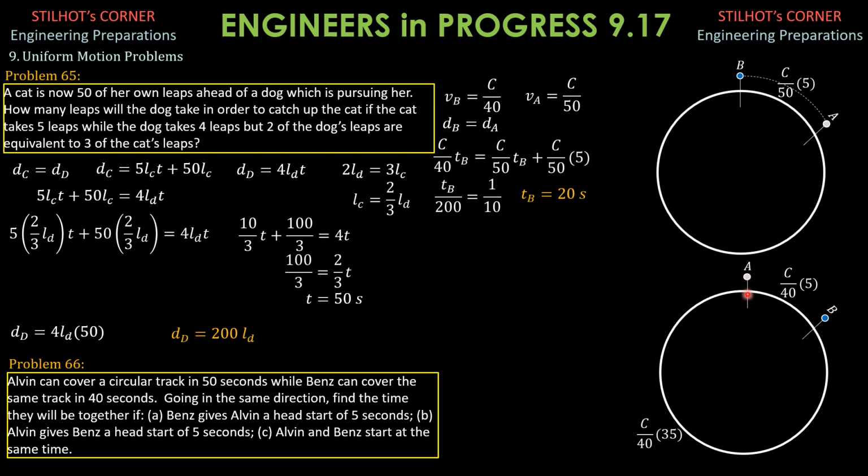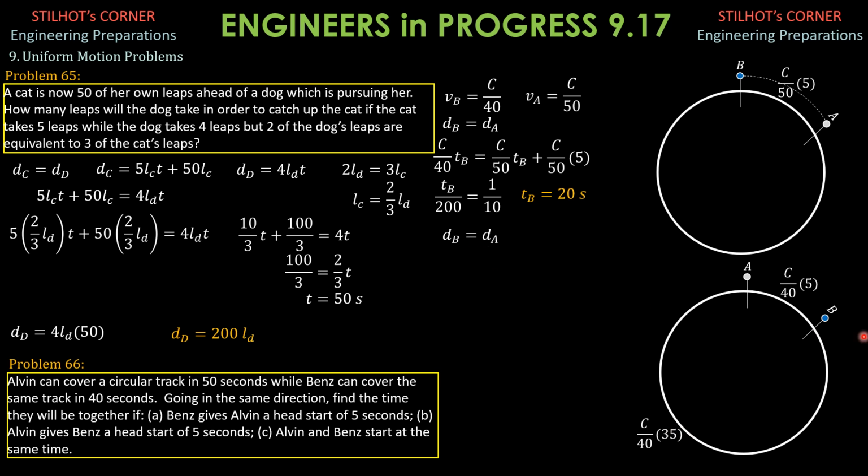Take note, we should refer it to Alvin's time. Then we imagine that Alvin is ahead by this distance, C over 40 times 35. So the speed of Alvin, C over 50 times the time of Alvin, plus C over 40 times 35. So the distance of Benz is equal to the distance of Alvin.